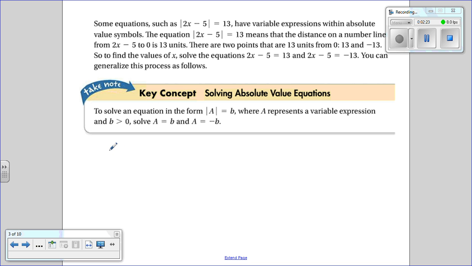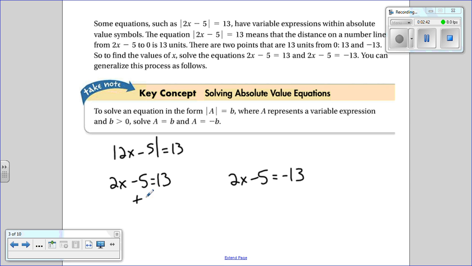So let's do this. We have the absolute value of 2x minus 5 equals 13. So we have to rewrite this. We get rid of the absolute value and we leave it 13. We also get rid of the absolute value and rewrite it with -13. And then we solve both.